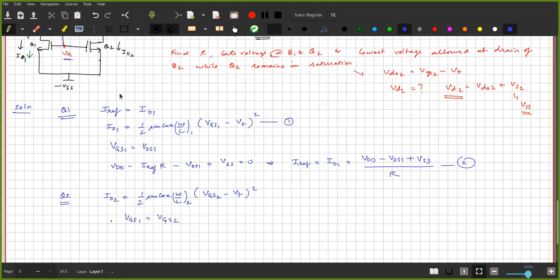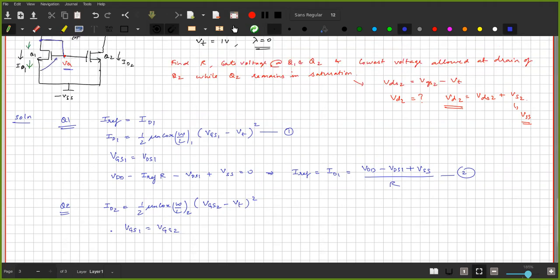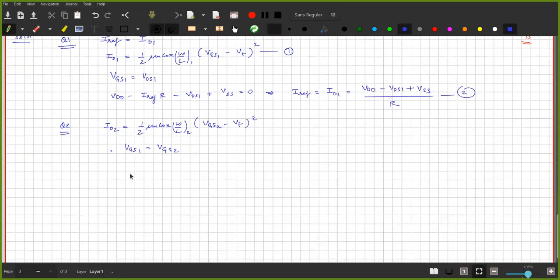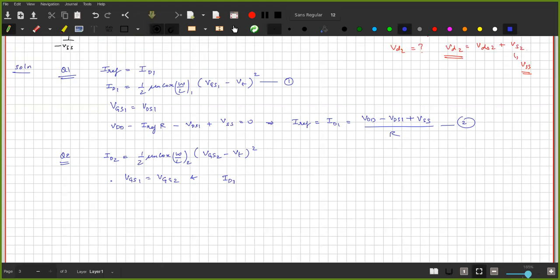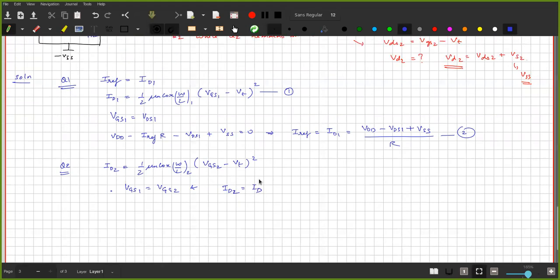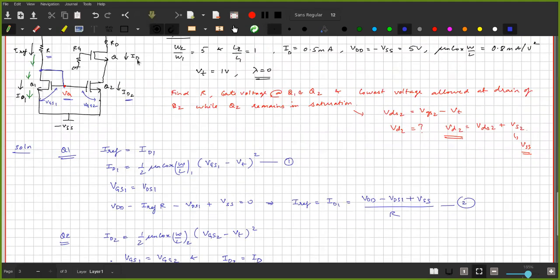See, this voltage, which is VGS1, is same as this voltage, which is VGS2. So VGS1 equal to VGS2, and ID2 is ID. This ID2 is same as this ID.